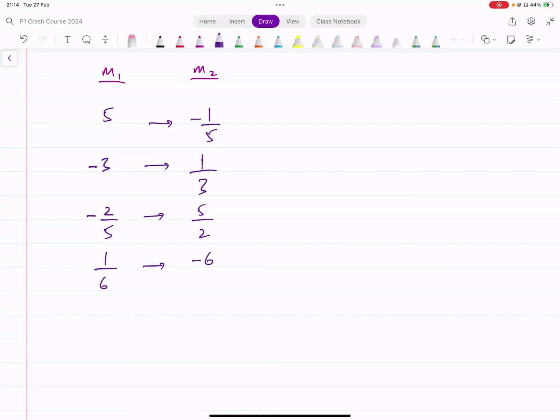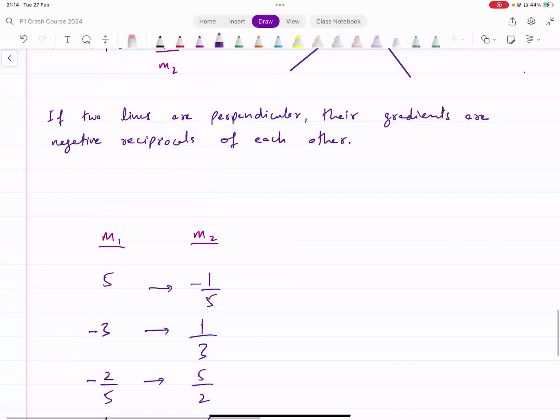It's going to be minus 6. So if you know the gradient of one line, the other's gradient is going to be the negative reciprocal of the first one. So for perpendicular lines, the gradients are negative reciprocals like this.